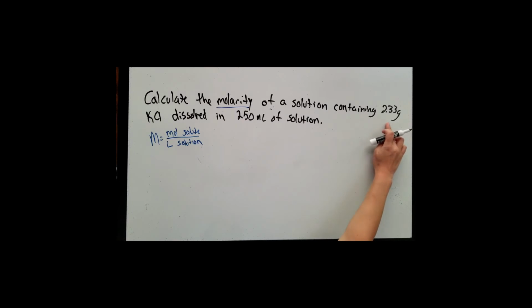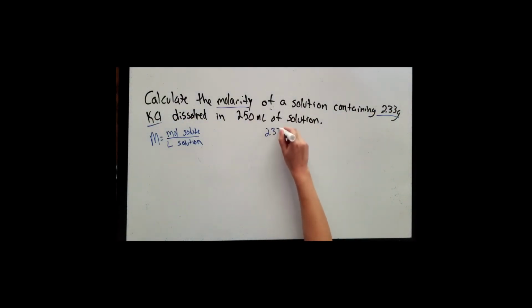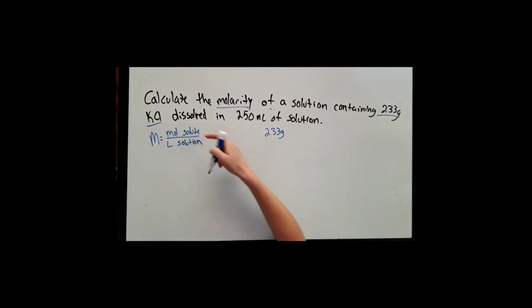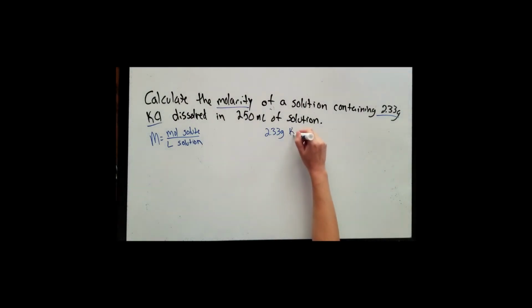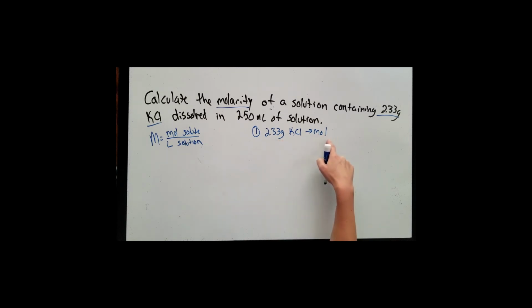We have 2.33 grams of KCl, sorry. All right, well, is that moles? No. So we need to get that in moles. So that's going to be one step we need to do to solve, is to get this grams of KCl into moles. Okay.